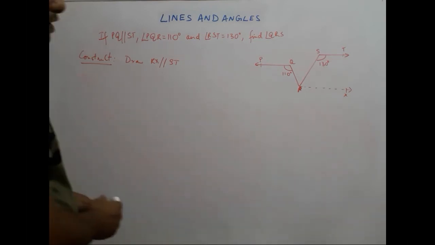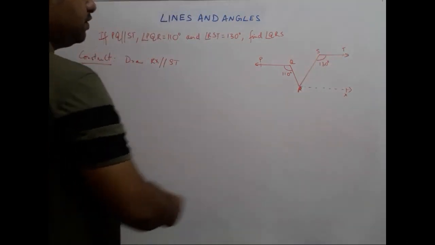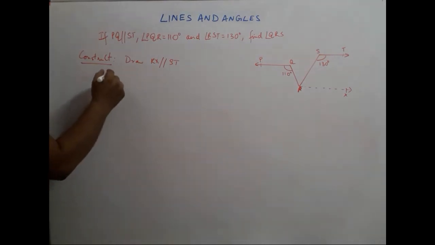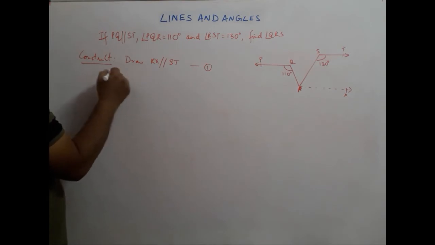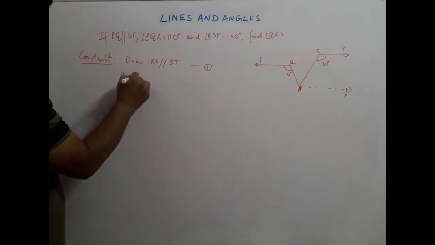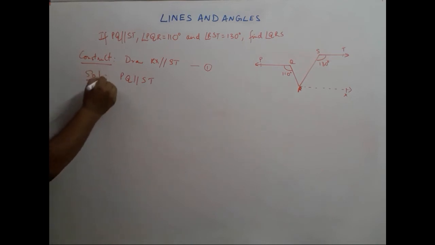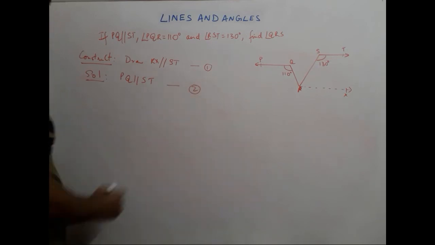Now that we have said that this is parallel to this, we are already given PQ is parallel to ST. So we'll write down what we are given. We'll mark this as 1: PQ is parallel to ST. Beginning our solution, RX is parallel to ST, and we'll mark this as 2.